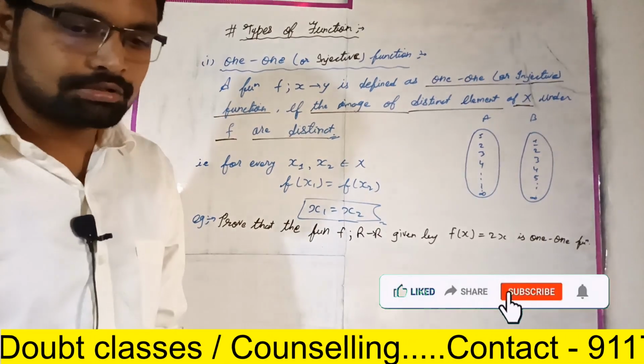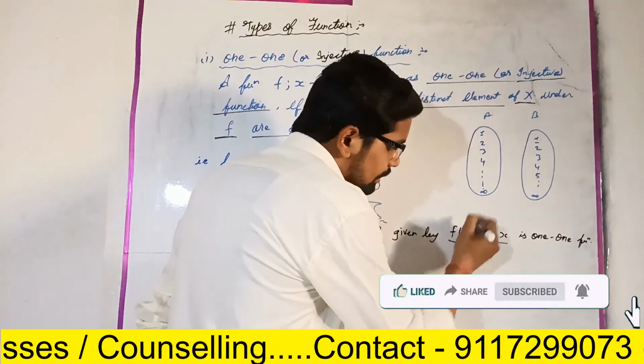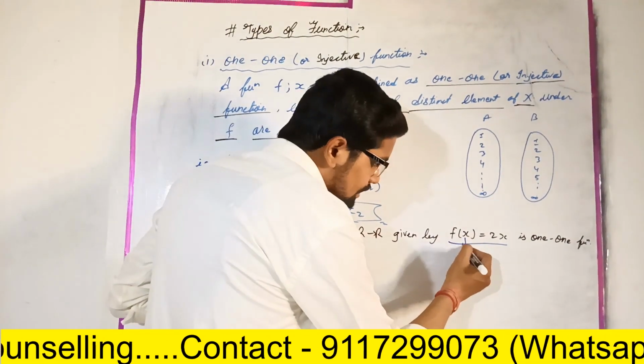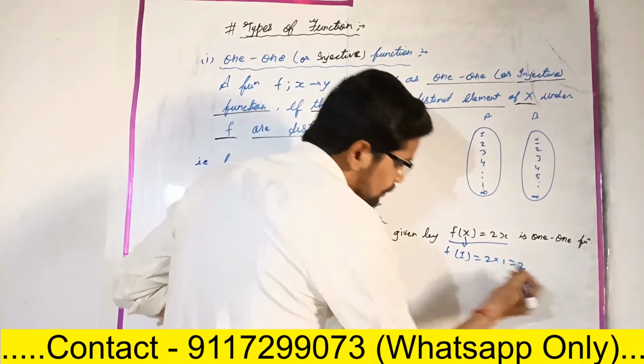Is it clear? So here when we put x in f(x), the outcome will be 2x. If we put x equal to 1, then f(1) will be 2 into 1, that is 2.